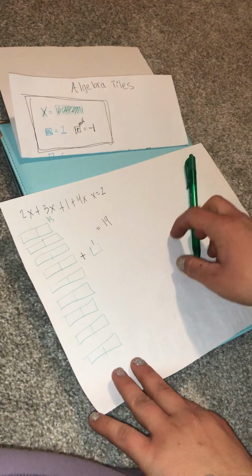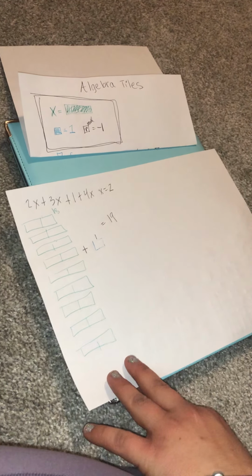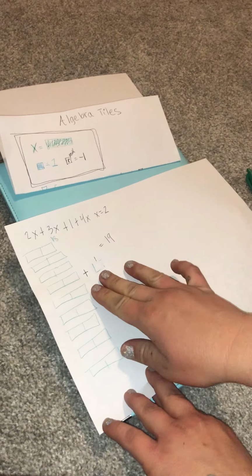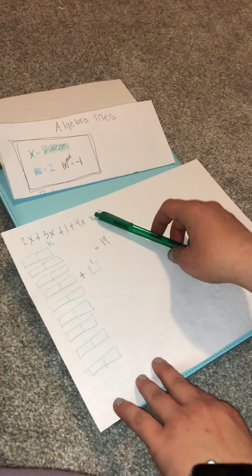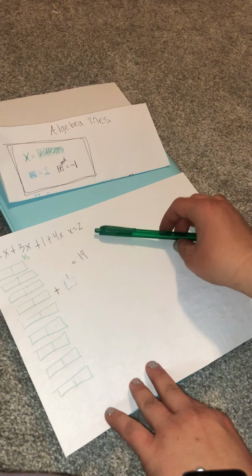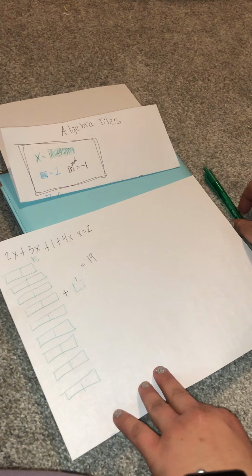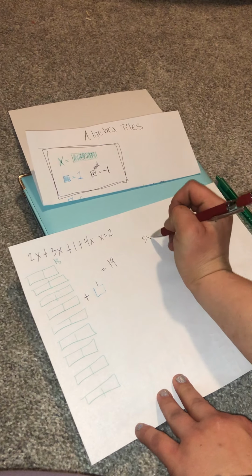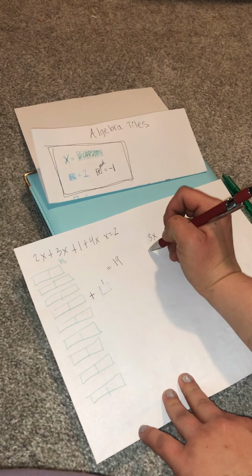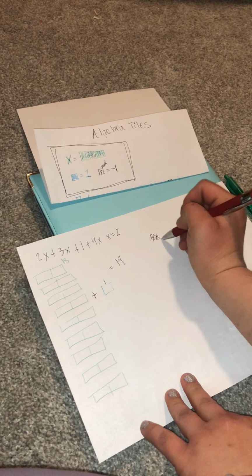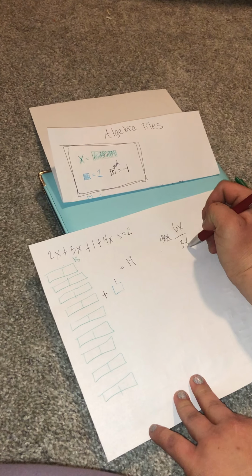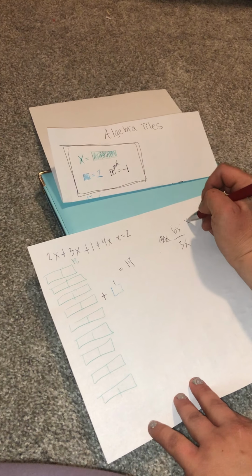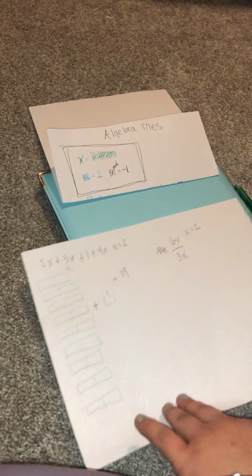I want to do a division one just to show that you can add or divide. You could also multiply, but we're going to save that for the next lesson. So we're going to do 6x over 3x, sorry about that, I had it backwards, when x equals 2.